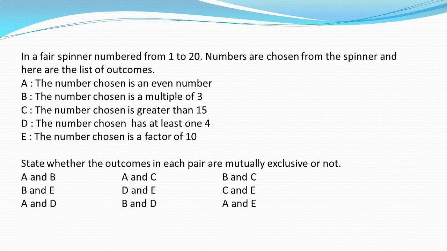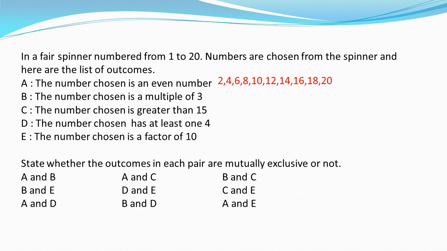And we have these events. First of all, we have to check what are the possible outcomes for each event. For event A, the number chosen is an even number. We can say that the possible outcomes are 2, 4, 6, 8, 10, 12, 14, 16, 18, and 20. For event B, the number chosen is a multiple of 3.